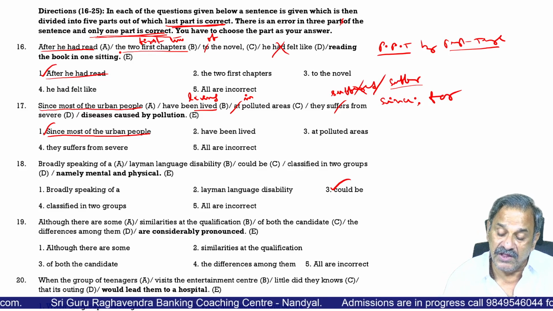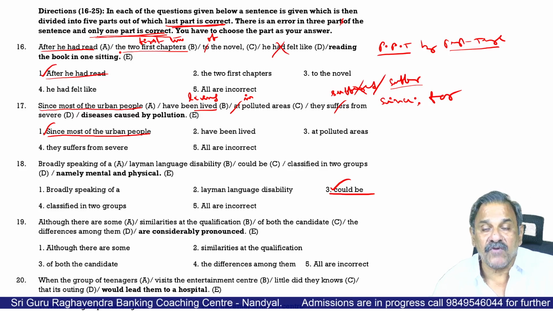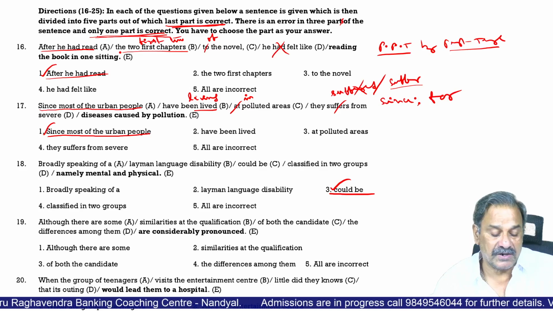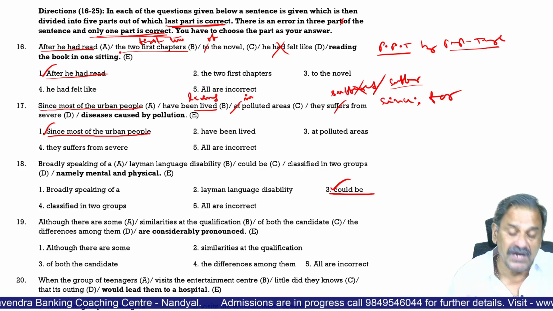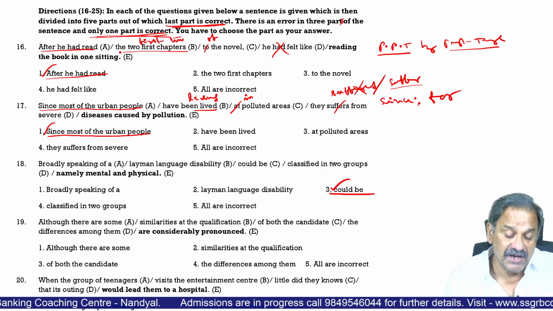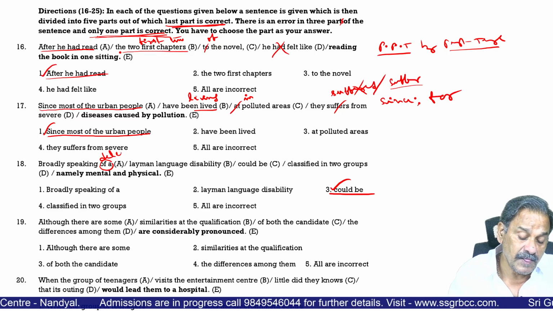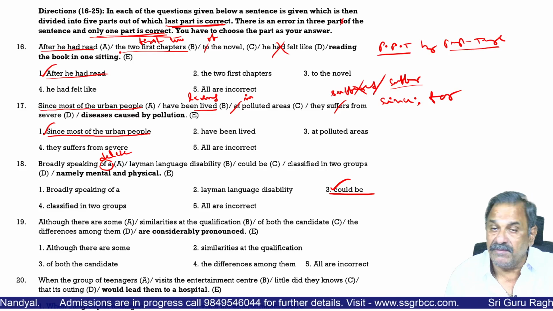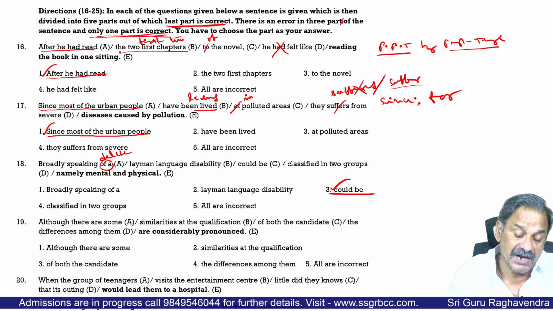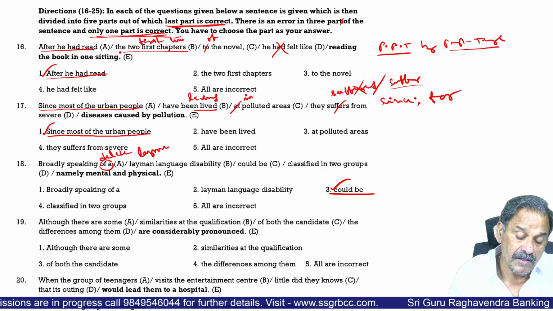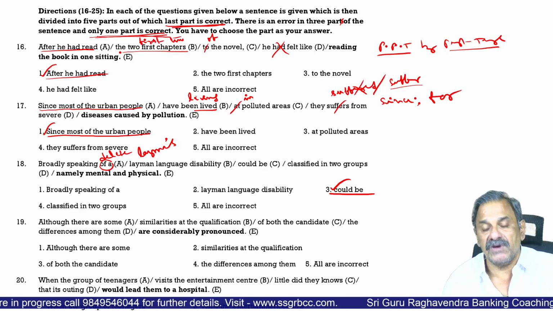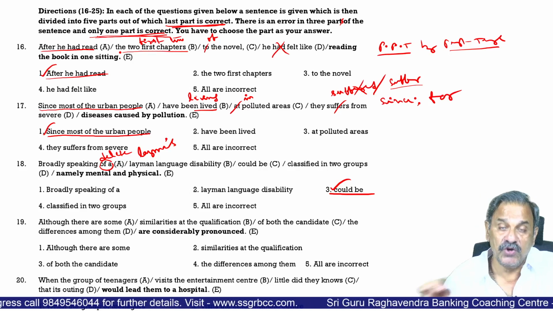In 'Broadly speaking, of a layman language', no need for 'of a'; you have to delete it. It should be 'layman's language'. After the possessive case, you have to use a noun.